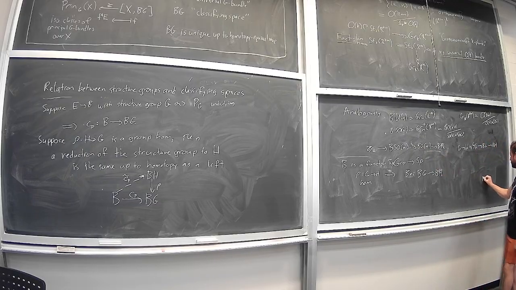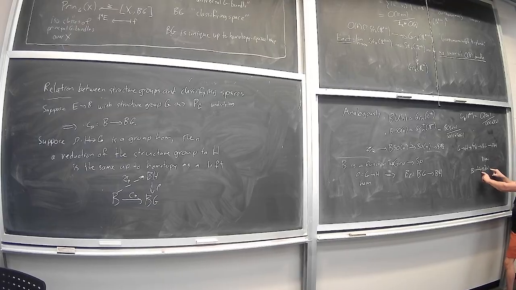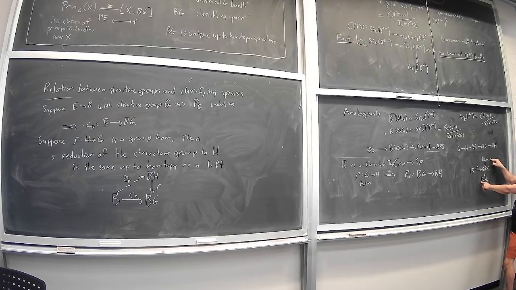Right? So maybe it looks more sensible if I write it as a stack of groups here, so that this is essentially a fiber of this fibration. And we have our B, here's our classifying map. We want to know, can we lift? AKA, can we get into the fiber?